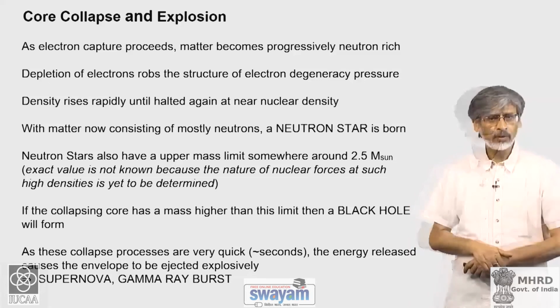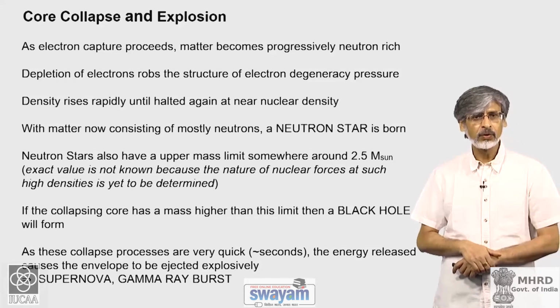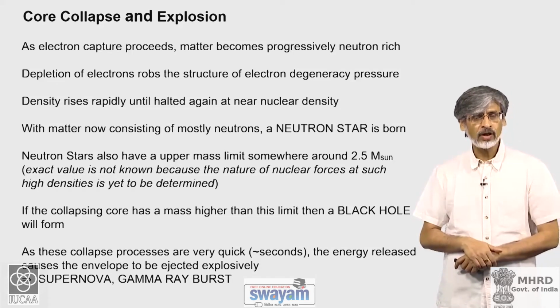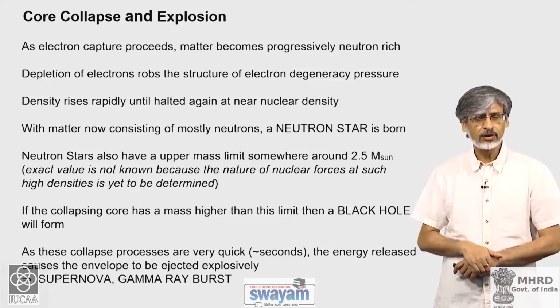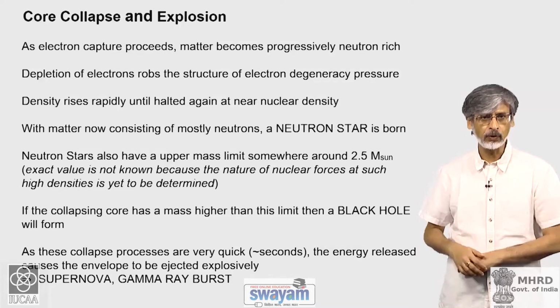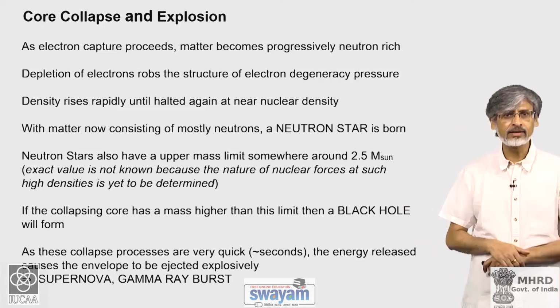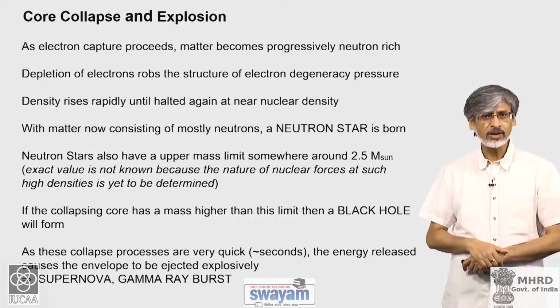So, what will happen? What we know today is that there is no other force which can then halt it before the whole core has collapsed irretrievably and entered the state of a black hole. So, if the collapsing core has a mass higher than this neutron star upper mass limit, then most likely a black hole will form.